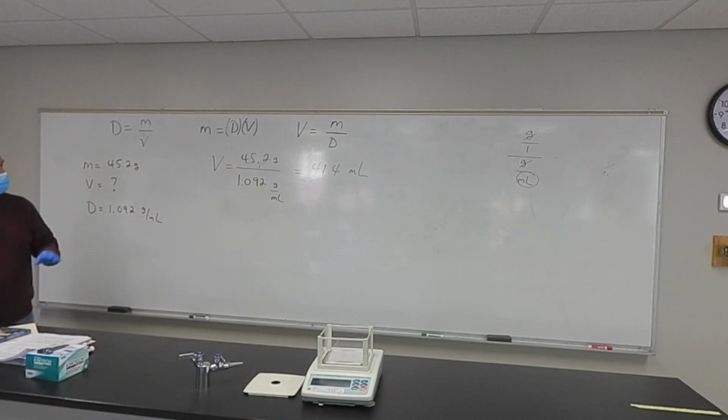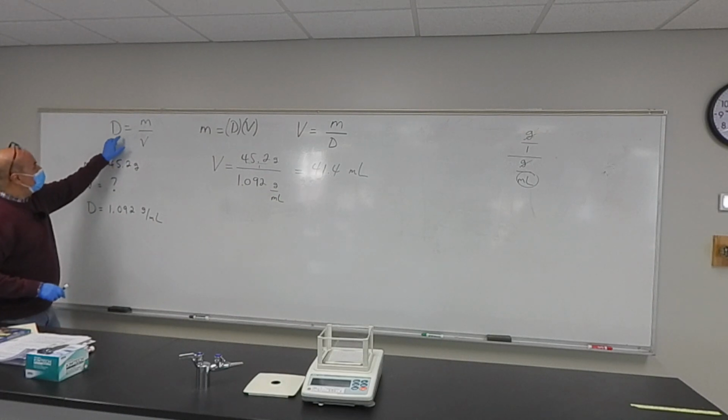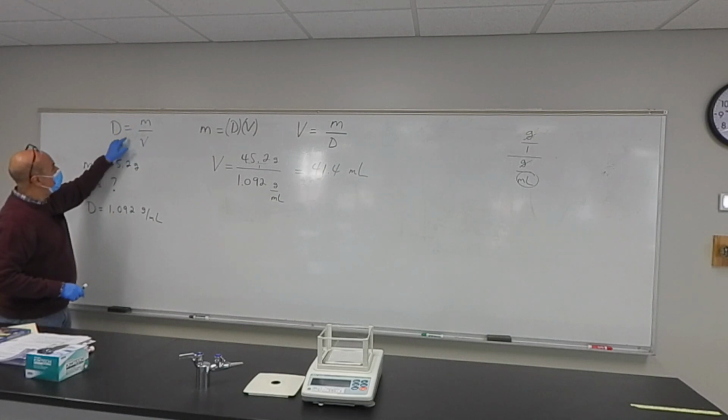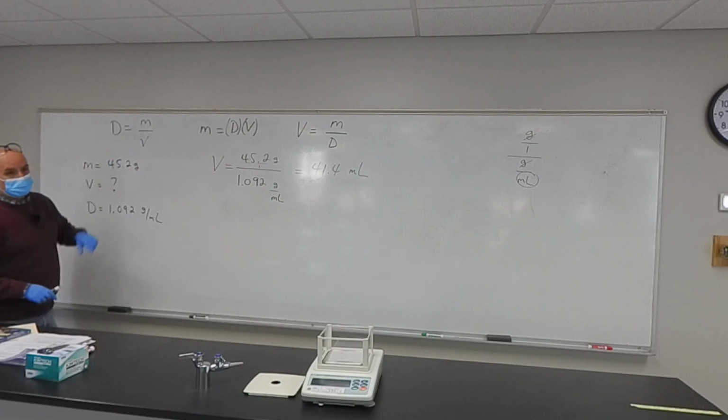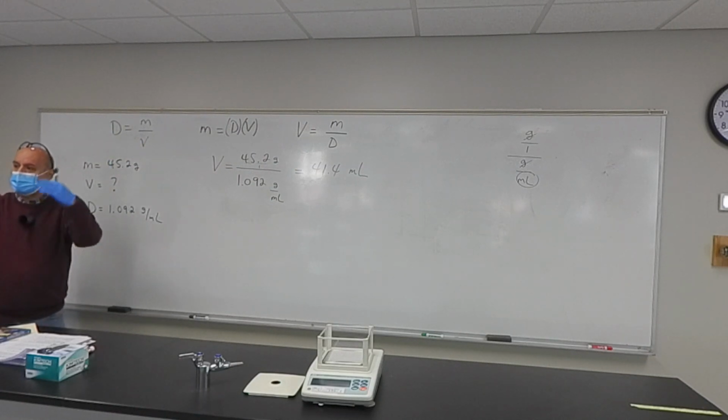So what's the message of this last problem that I couldn't find one in the homework? There may be one in the quiz, I don't know. But whenever you have a formula with 3 variables, you always need 2 pieces of information to get the final one.